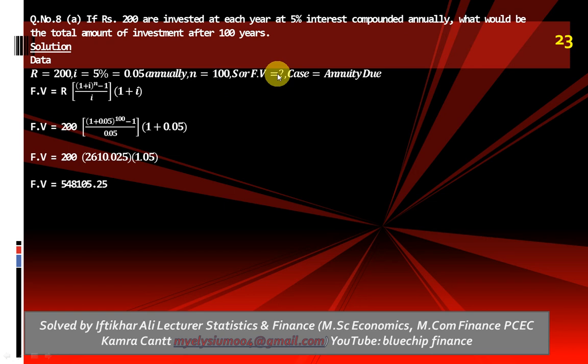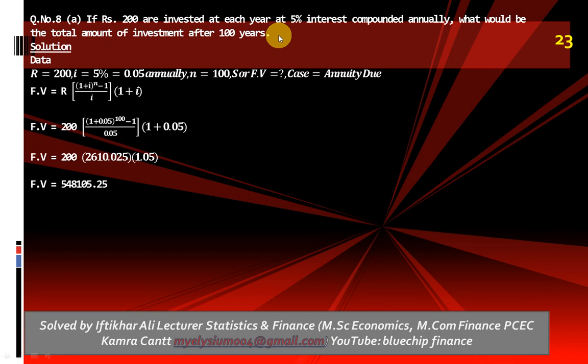Okay, there is no indication here in the question, whether it is a case of ordinary annuity or annuity due. In ordinary annuity, each payment stream is received or invested or deposited at the end of the time period, and in case of annuity due, each payment stream or receipt stream is received or paid or deposited at the beginning of the time period. So there is no mention about these two.